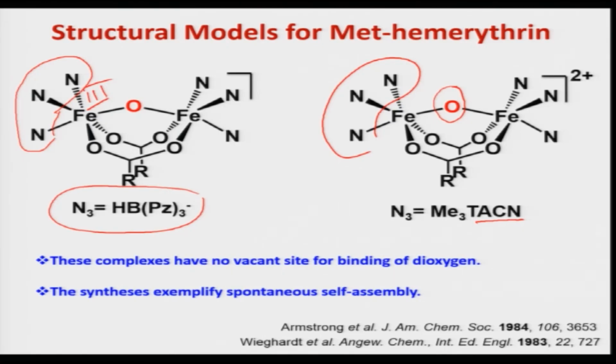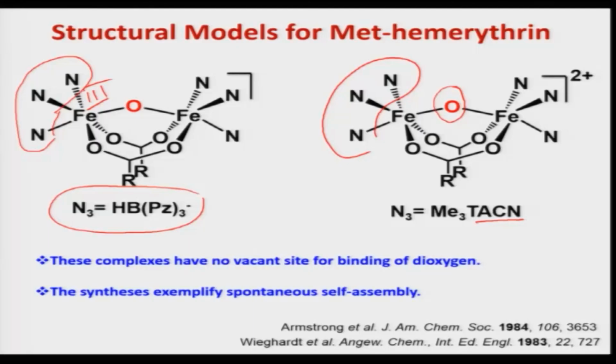Interestingly, these complexes have no vacant site for dioxygen binding, and the syntheses exemplify spontaneous self assembly. It is very easy to make this kind of molecule, which spontaneously forms this diiron unit.